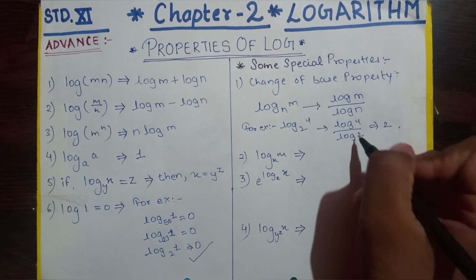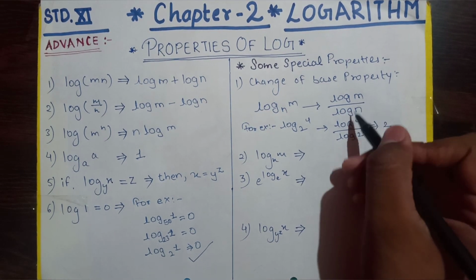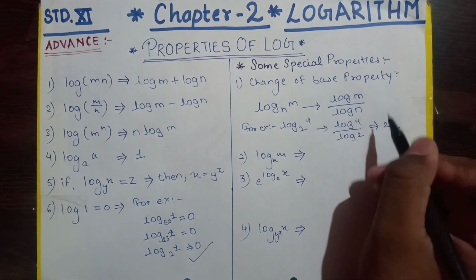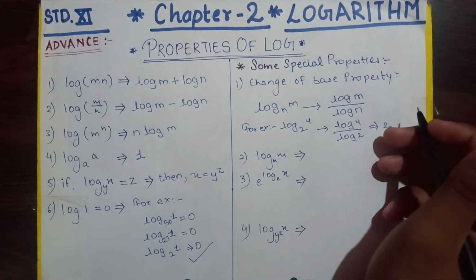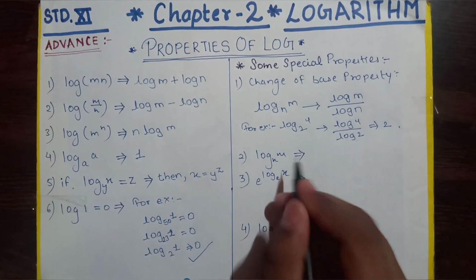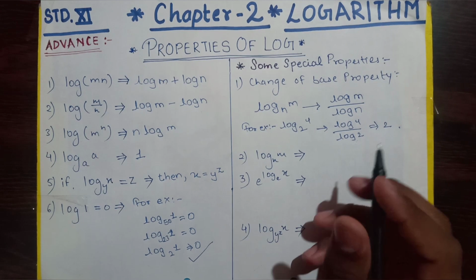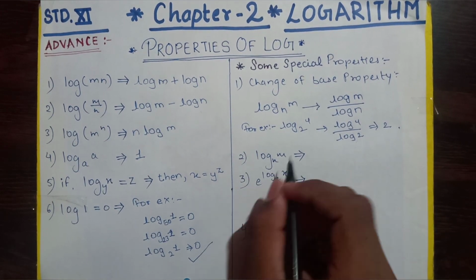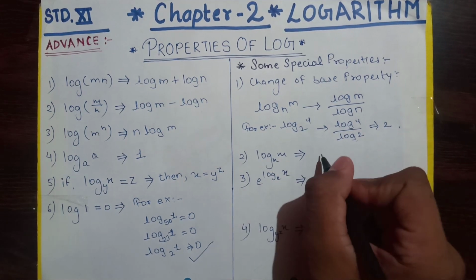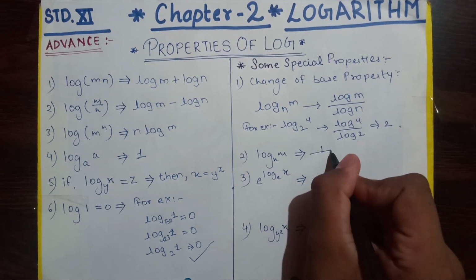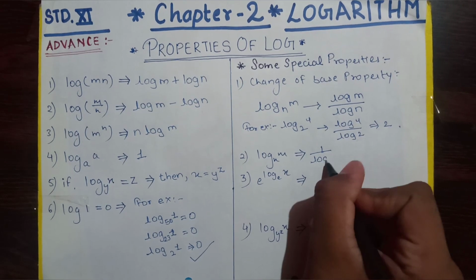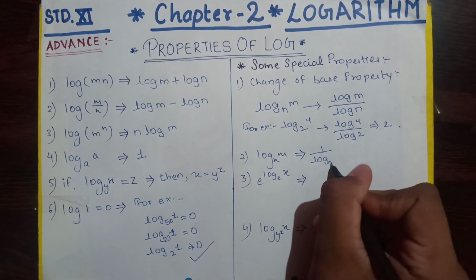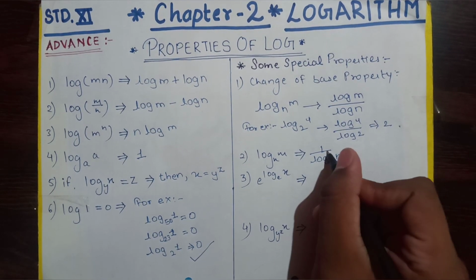So since we have not taken any base, we will consider them to be equal. Now moving forward, we have our next special property, which is log m to the base n. This we will write as 1 upon log n to the base m.